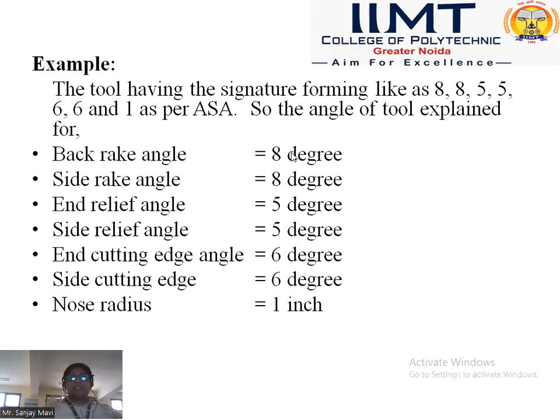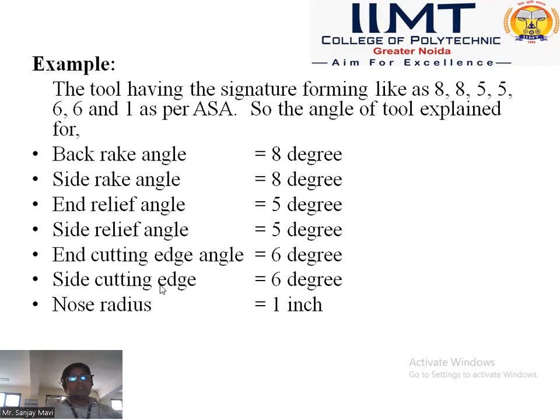This 8 is the back rake angle, and back rake angle is 8 degrees. The side rake angle is again 8 degrees, and relief angle is 5 degrees, and side relief angle is again 5 degrees, and cutting edge angle is 6 degrees.